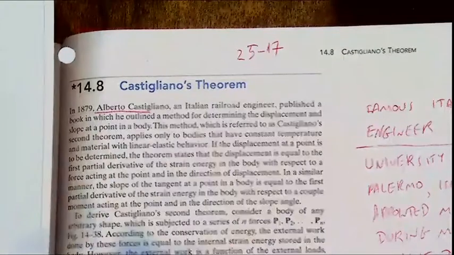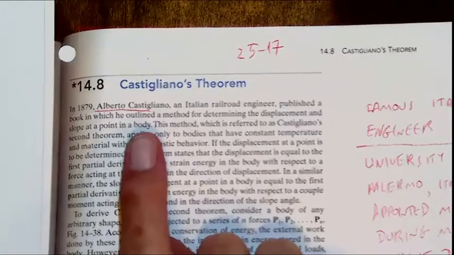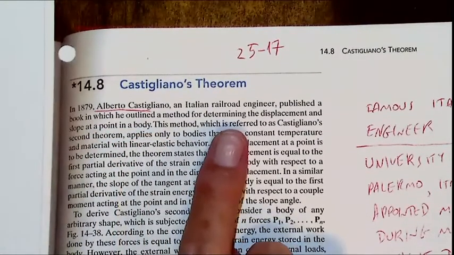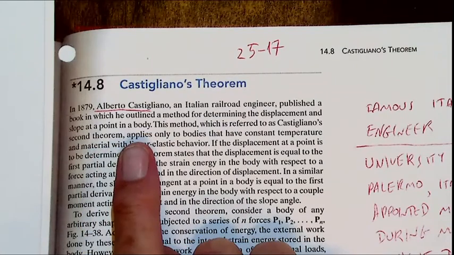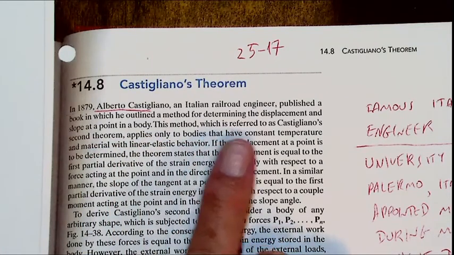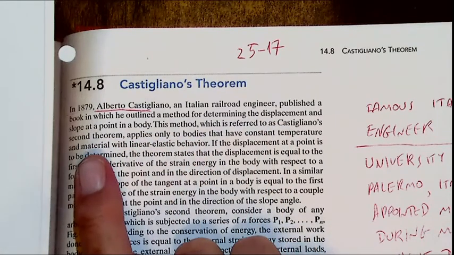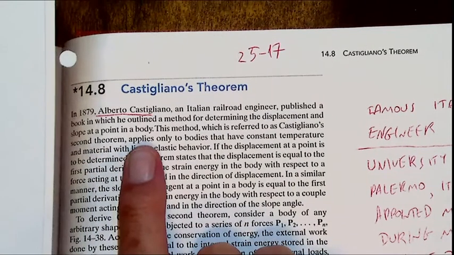Okay, let us come back to the topic. In 1879, Alberto Castigliano, an Italian railroad engineer, published a book in which he outlined the method for determining the displacement and slope at any point of a body.